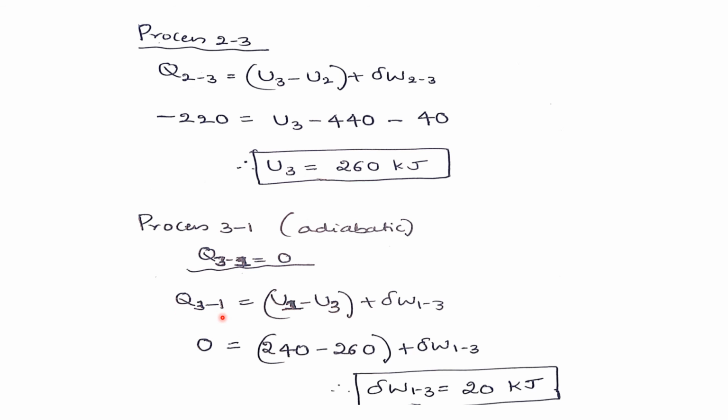So during this process, heat transfer will be 0. U1 is 240, the initial internal energy given in the problem, and we have calculated U3. So 240 minus 260 plus delta W of 13. Therefore delta W of 13 will be equal to 20 kilojoules of work done during the adiabatic process.